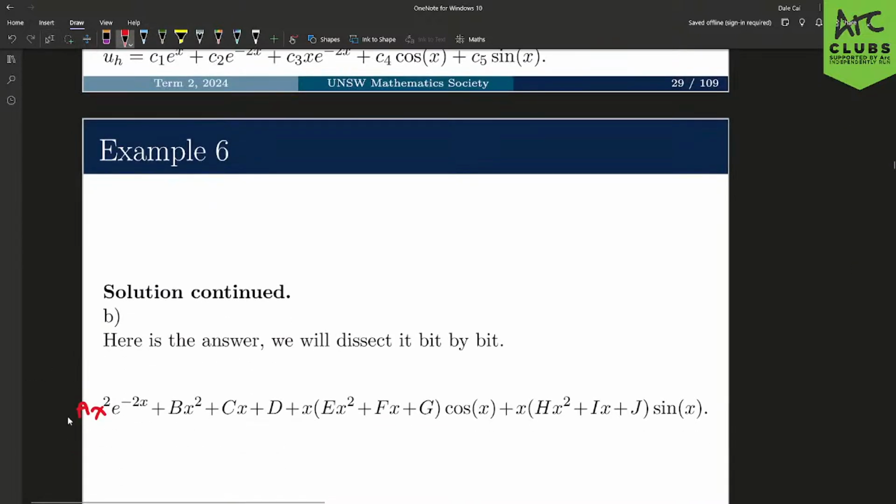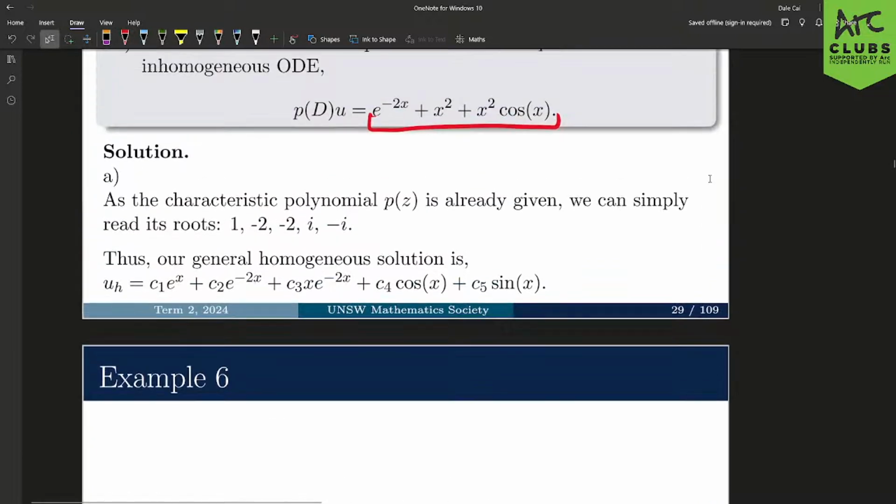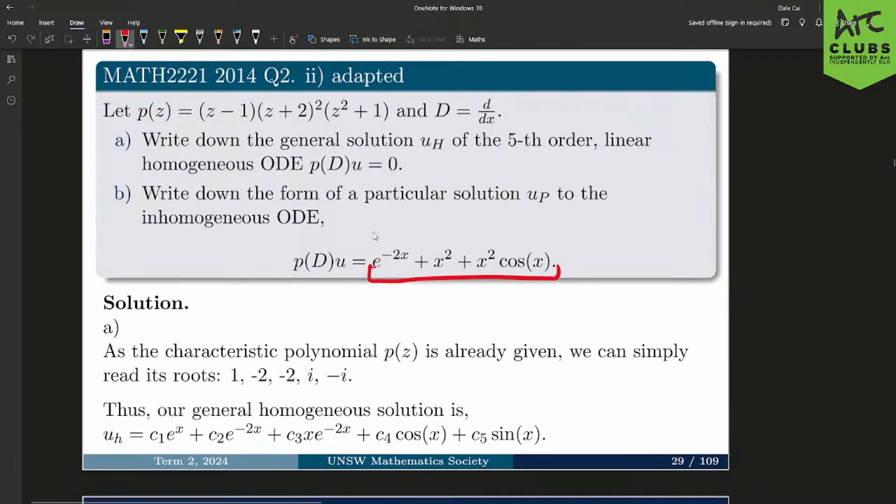We can split this into 3 sections. On the right-hand side, we also have 3 bits, so the forcing term has 3 parts to it. For the exponential, what we wanted to guess was e to the minus 2x.